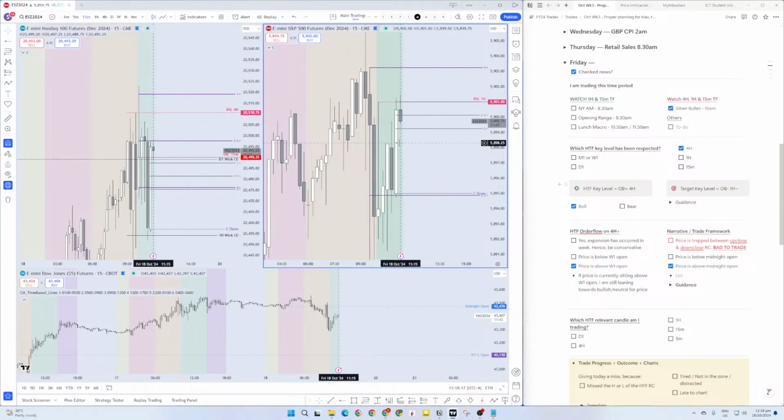Am I saying that the way I read it is the perfect way of reading it? No. Am I saying that my way of reading it can confirm make you money? No. I'm saying that this is my way of reading price right now. If I'm correct, I will see in my results that I'm consistently making money. And if I'm wrong, chances are I will be losing money in my trading.